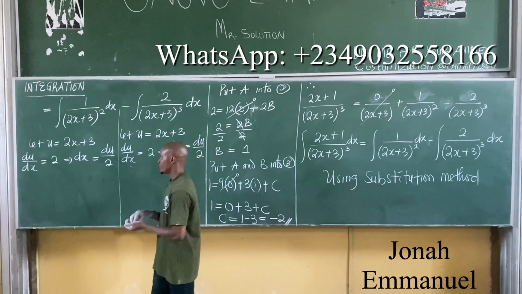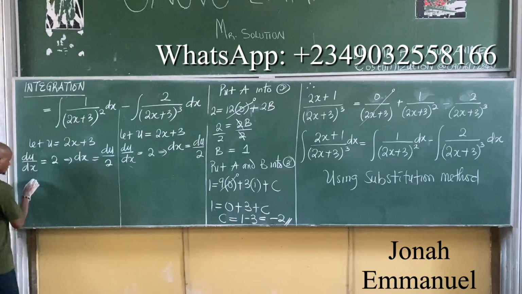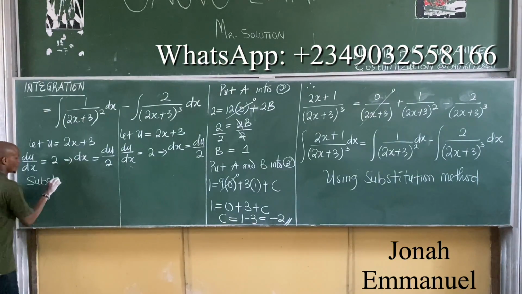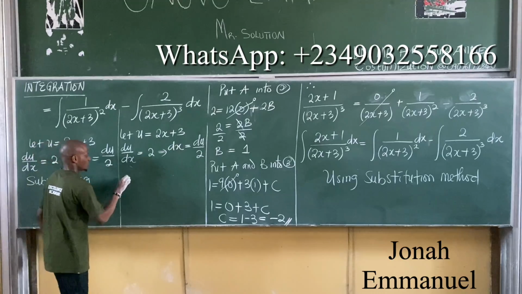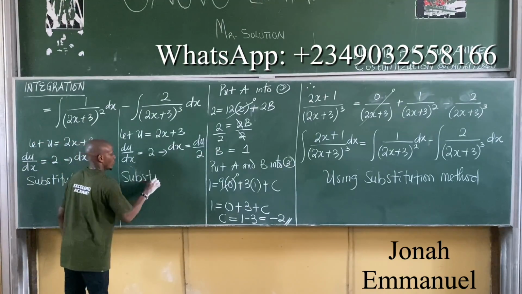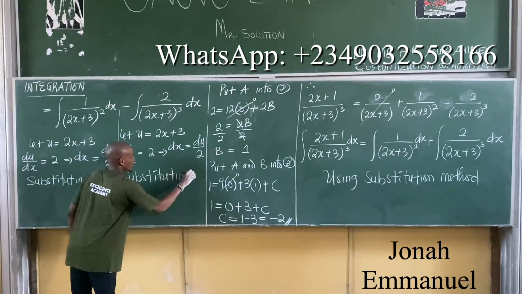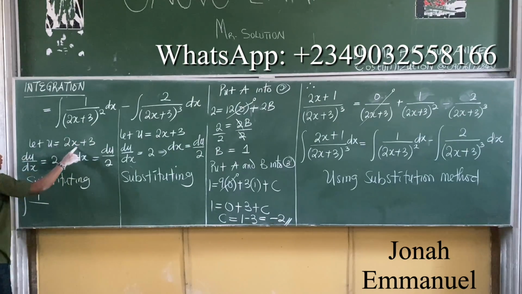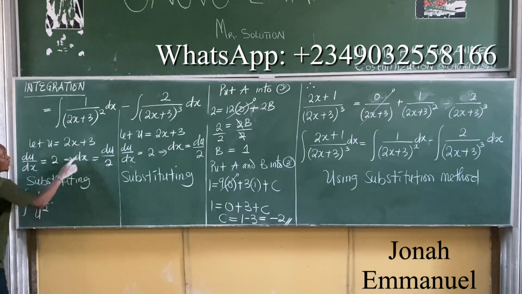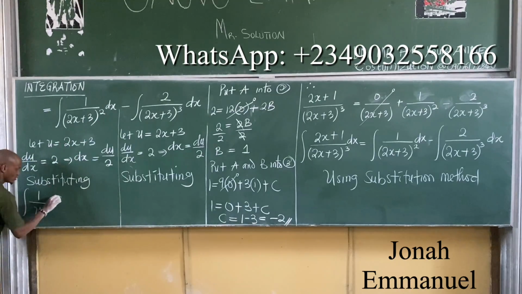But let's solve this one here. So substituting, what do I have? This becomes the integral of 1 all over u squared, dot dx. What's dx? du over 2 for this one here.